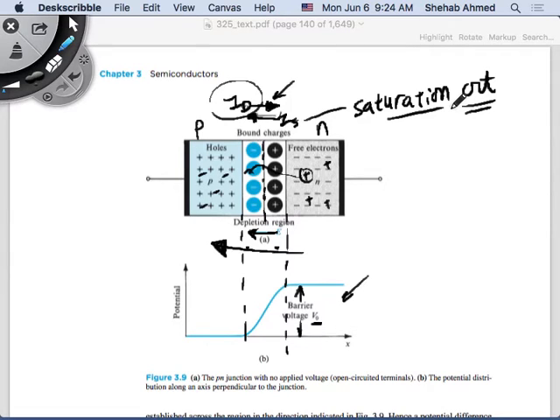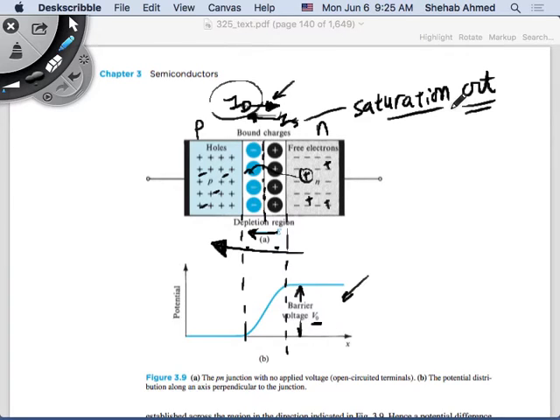But remember, saturation current is due to what? Is it due to the majority charges or minority charges? The minority charges. So it will have a fixed value. It will have a limit. You increase the voltage to a certain limit. You're going to help the saturation current to increase to a certain level.